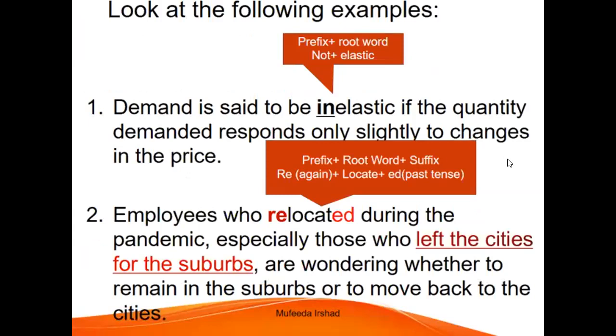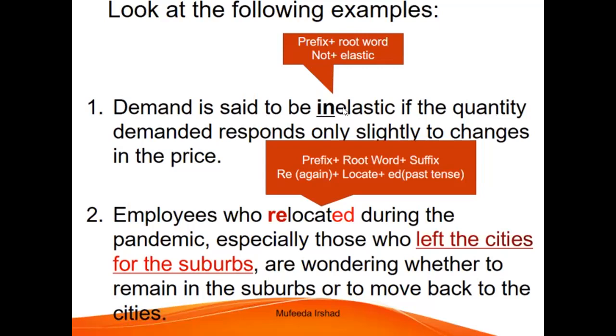Inelastic in sentence 1 is an example of a prefix attached to the root word. The prefix in, which is attached to the root word elastic, means not. Thus, inelastic means not elastic.